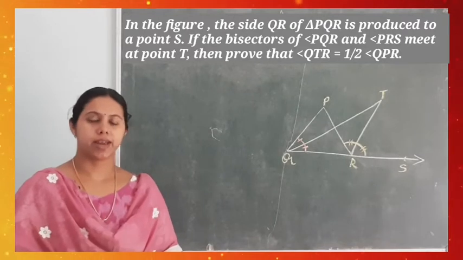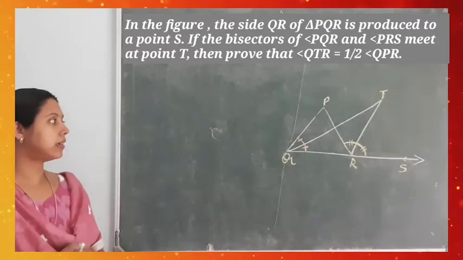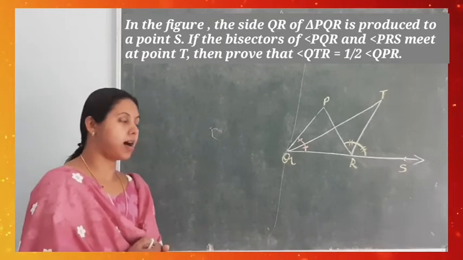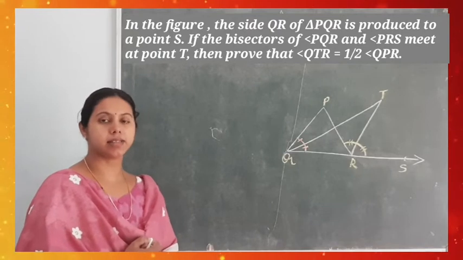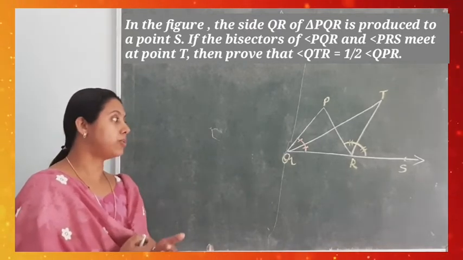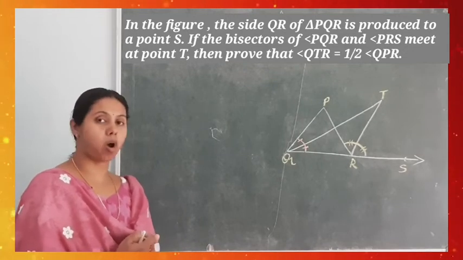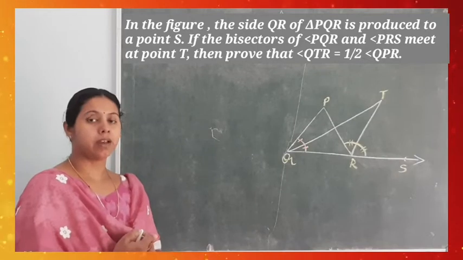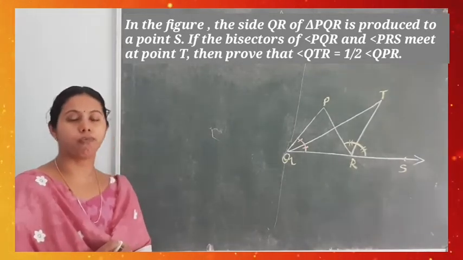In this question, it is given that angle PQR and angle PRS are bisected by QT and RT, and these two bisectors meet at the point T. And we want to prove that angle QTR equal to half of angle QPR.